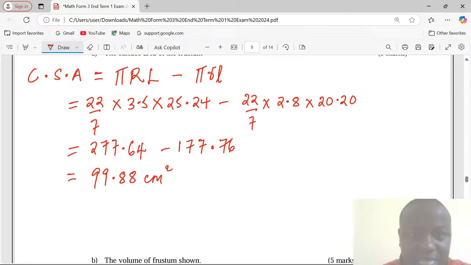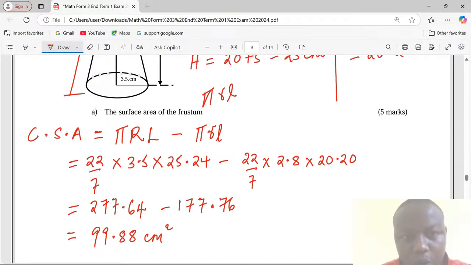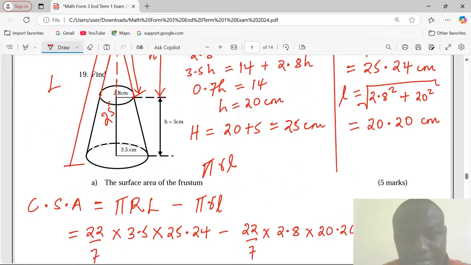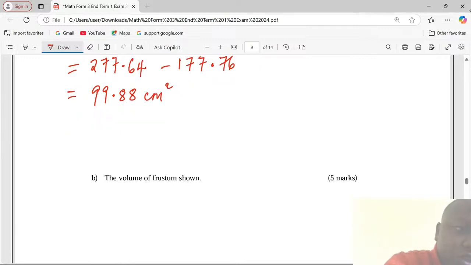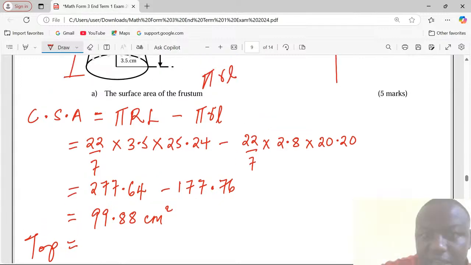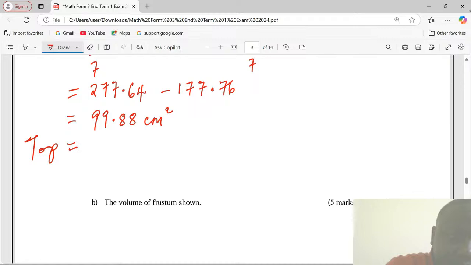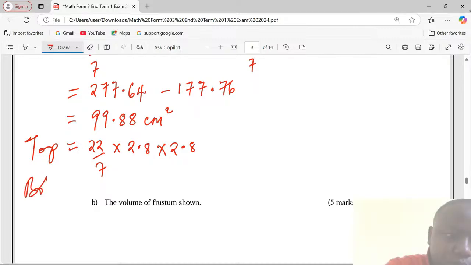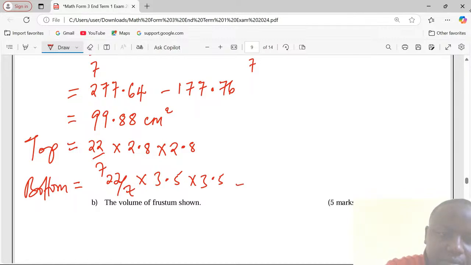If this is the curved part, then we can also work out the top and bottom circles. The area of a circle is pi r squared. So the top circle needs pi r squared, then the bottom circle, pi r squared.